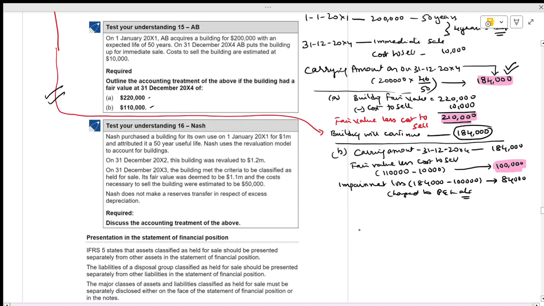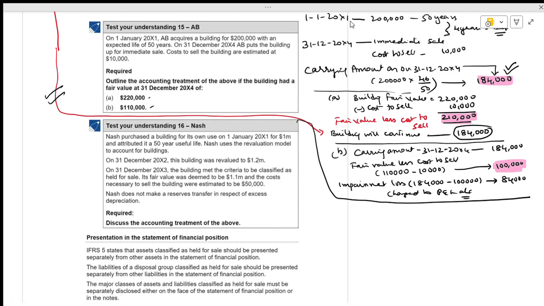Next, Nash purchased a building for its own use. This is the solution for this.